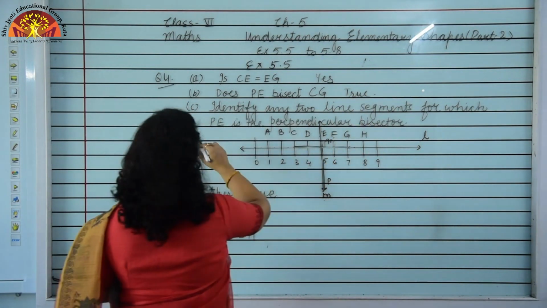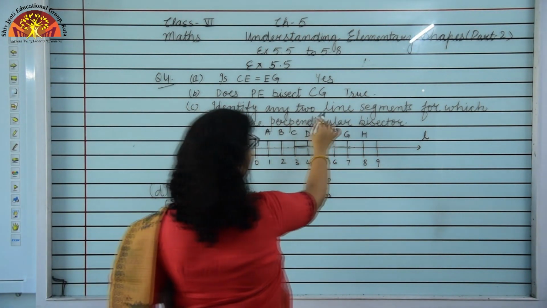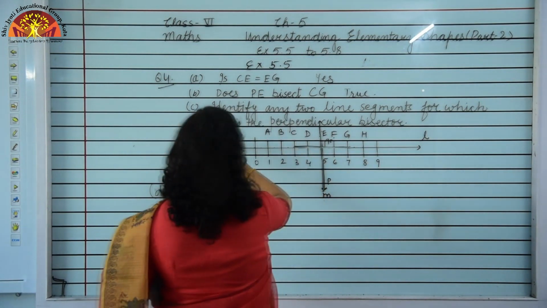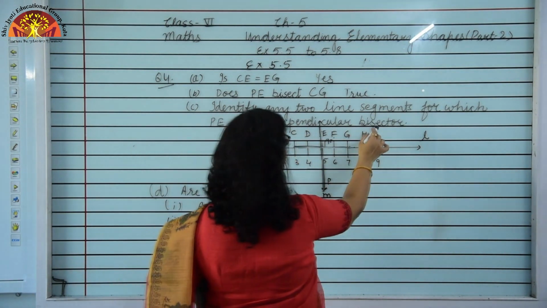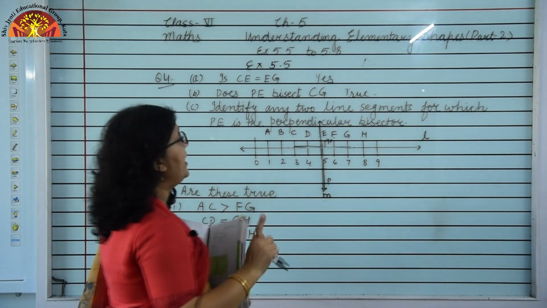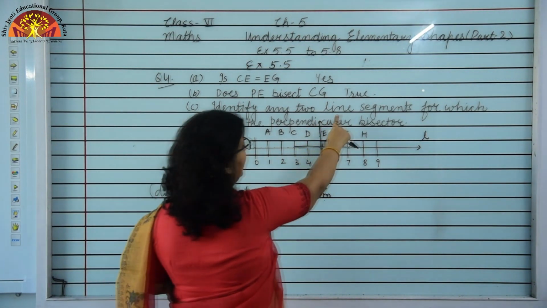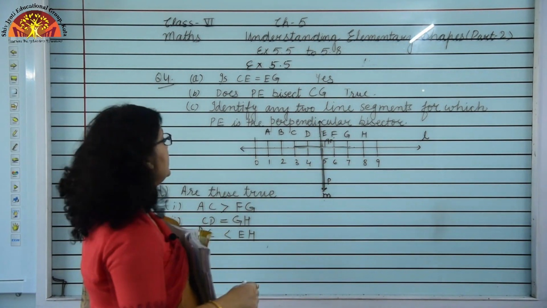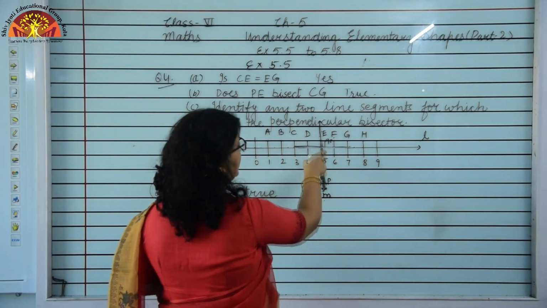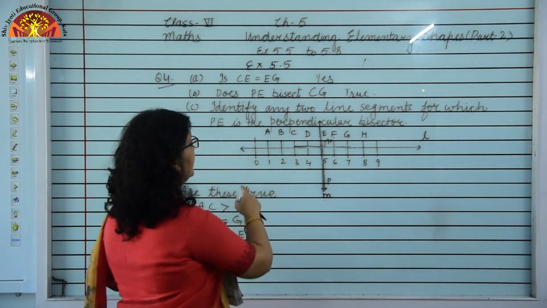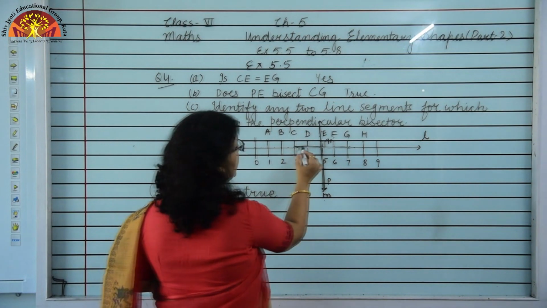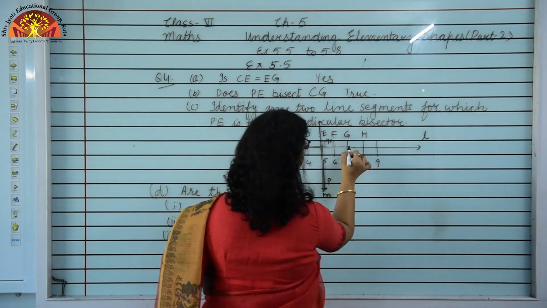Now in the third part, identify any two line segments for which PE is the perpendicular bisector. You have to identify two such line segments for which PE acts as a perpendicular bisector. So first is CG because we have 2 units and 2 units here.